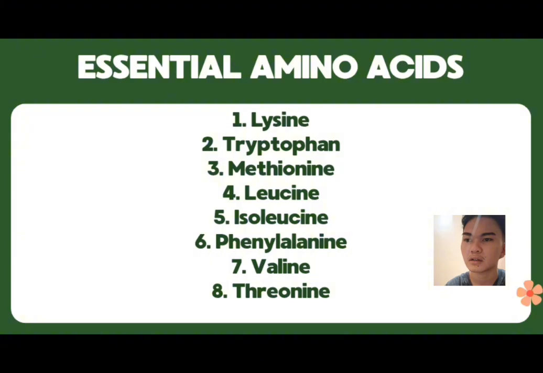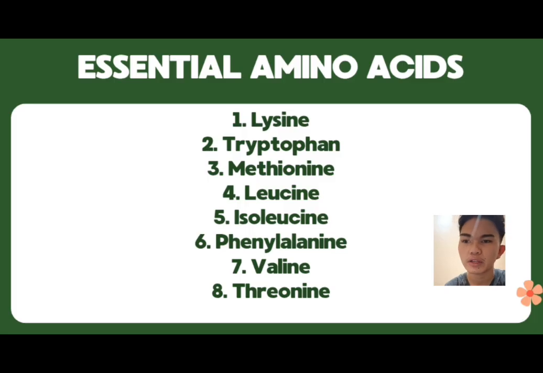Lysine, mag-get nato ni siya sa eggs, chicken, lentils, and cheese. Ang tryptophan kay sa turkey, milk, peanuts, pumpkin, and pumpkin seeds. Methionine kay sa fish, beef, sesame seeds, and tofu.